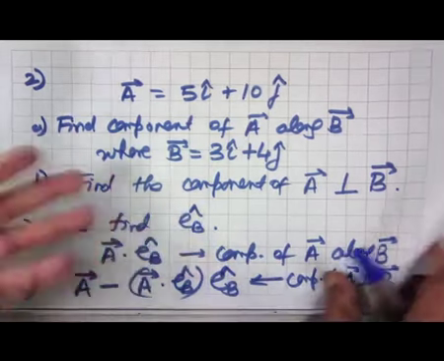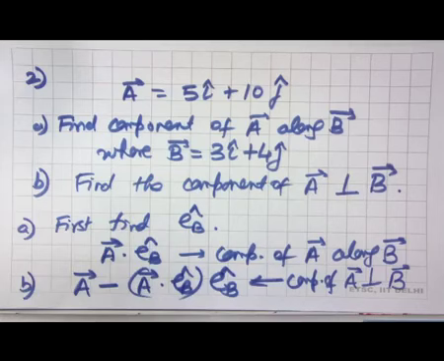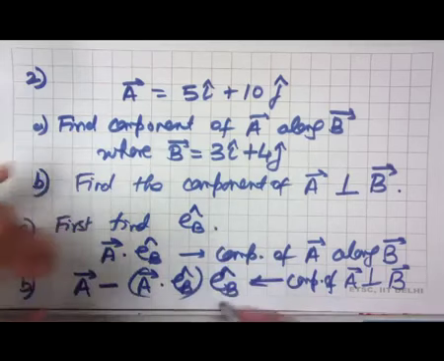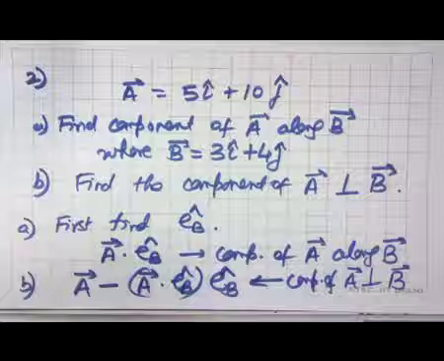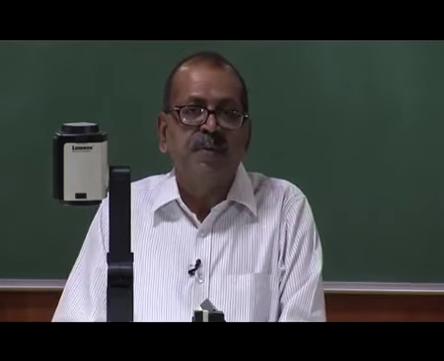These are simple numbers and you can work out these answers. And one more thing, to check the answers, if you take a dot product of the two vectors which you get, you should get 0 because they are mutually perpendicular.